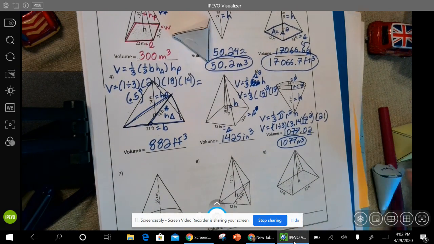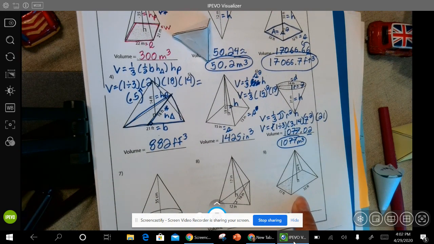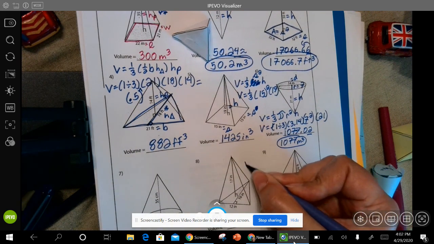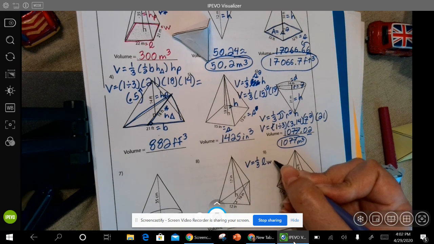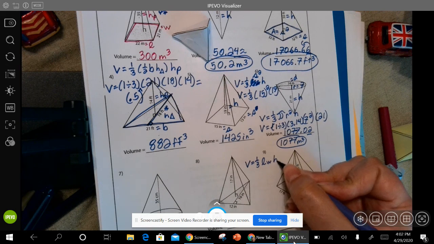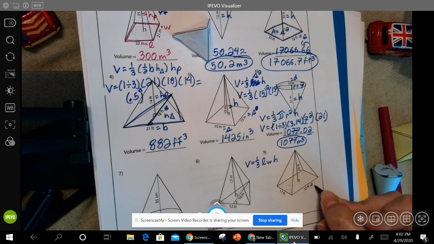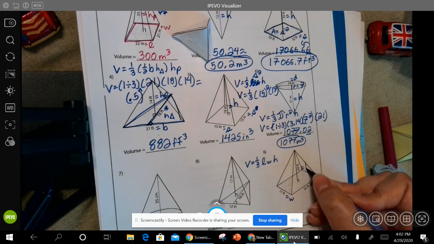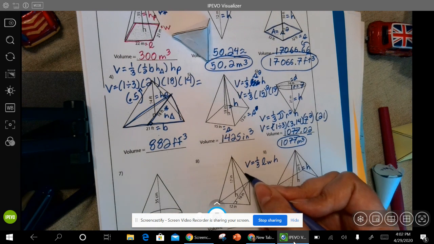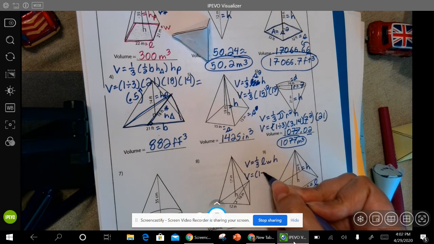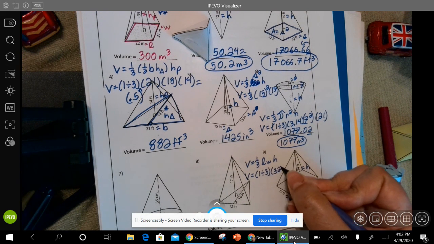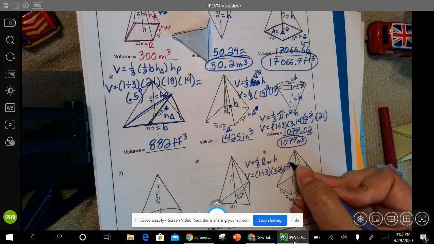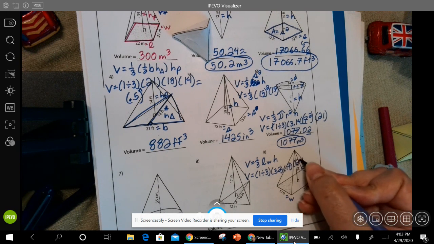Okay, I'll do one more with a rectangular pyramid. So for this one, it's going to be 1/3 its length times width, because that's the base, times the height. Our length is 32, our width is 17, our height is 24. So it's going to be 1/3 times 32 times 17 times 24.